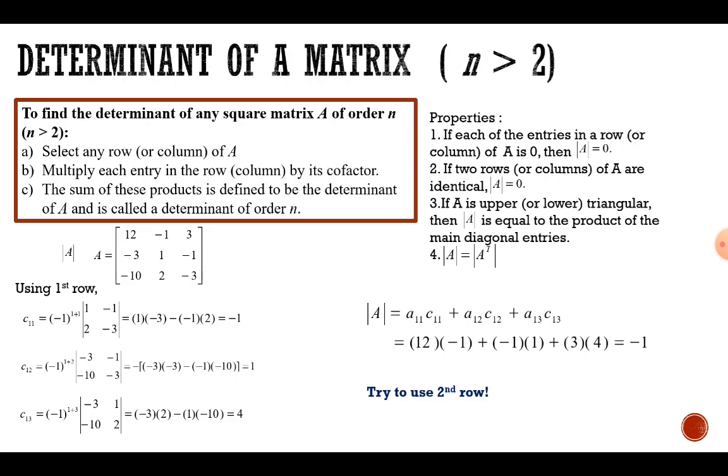Okay, 3 times 3 matrix. Okay. So dia ada dia punya steps that you have to follow, where the first one is, select any row or column of A, multiply each entry in the row or column by its cofactor, then sum, blah, blah, blah.